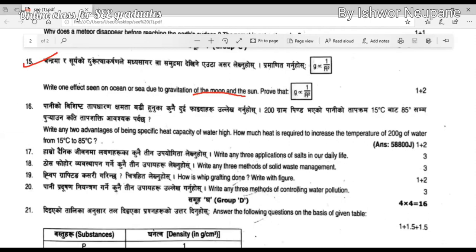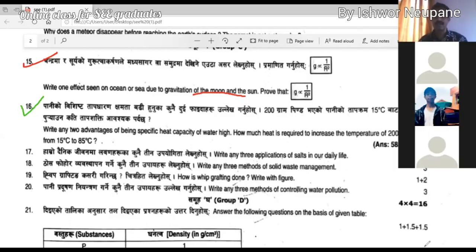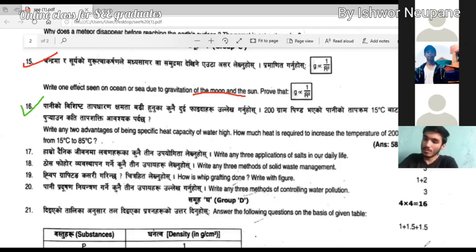Now, friends, we are at question number 16. It says, write any two advantages of the specific heat capacity of water being high.